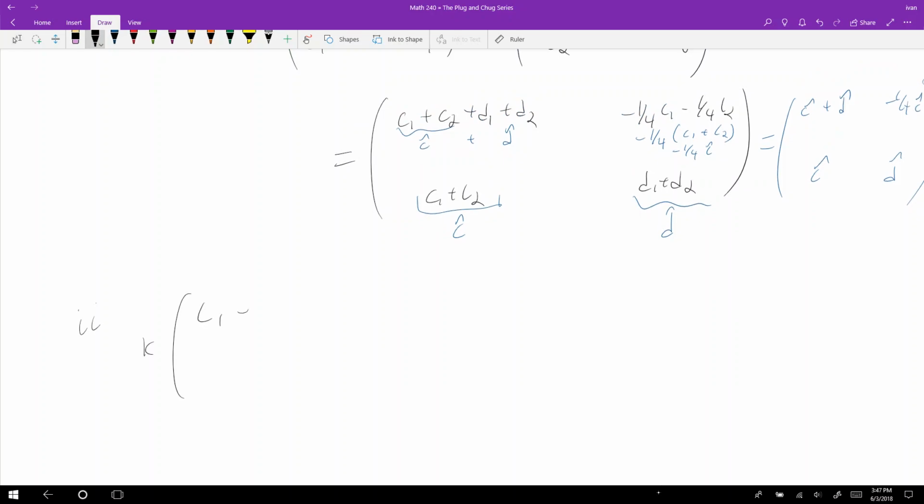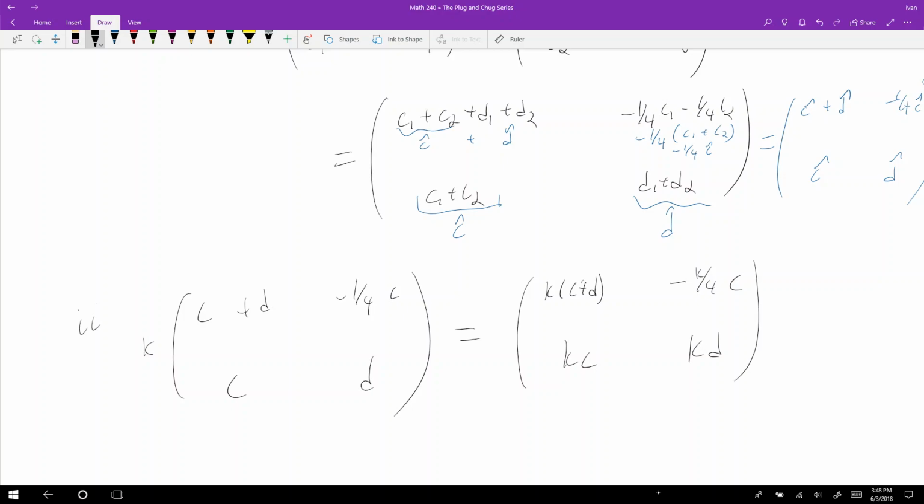C plus D, C, D, negative 1/4 C, right? And this is equal to K times the matrix with C plus D, negative K over 4 C, KC, KD.